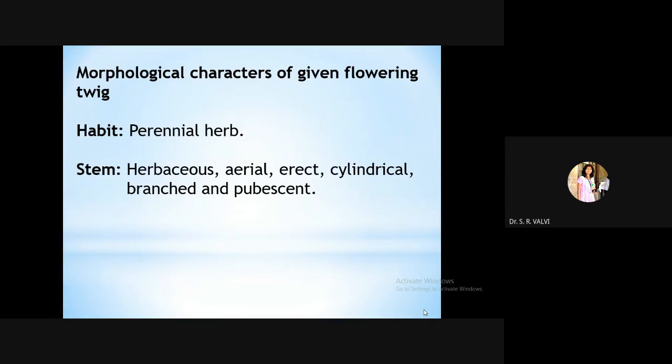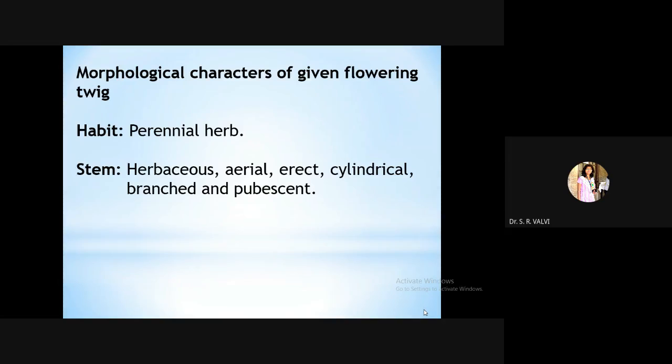Next character is the stem. Now, you have the post practical, meaning how to describe a particular family. Under that heading you have particular botanical terms, and from those botanical terms you have to choose particular terms here. In case of the stem of this Datura stramonium, the first characteristic is herbaceous.